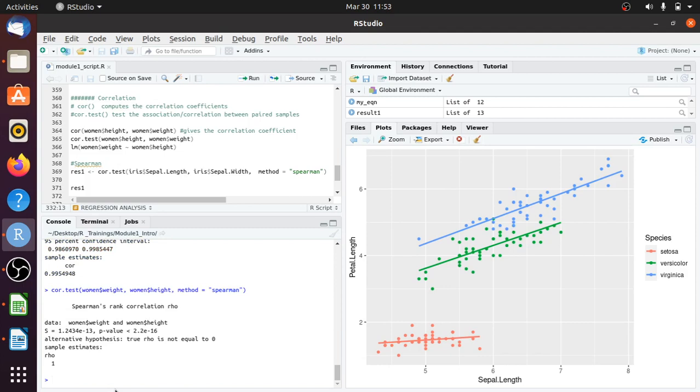You can see it's giving us another set of stuff, what we need there. And if it is kendall, you just say method equals kendall, and that is the correlation analysis that we are having there.